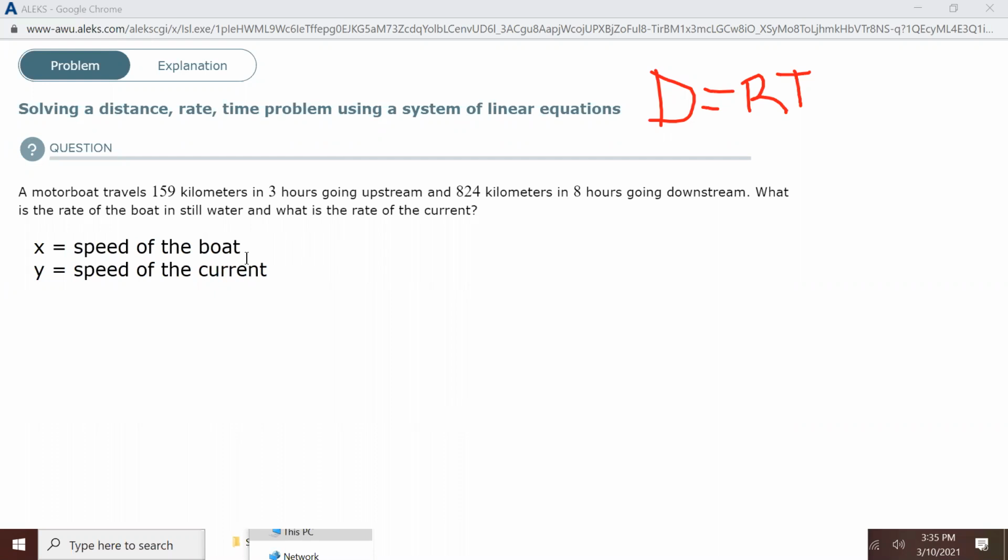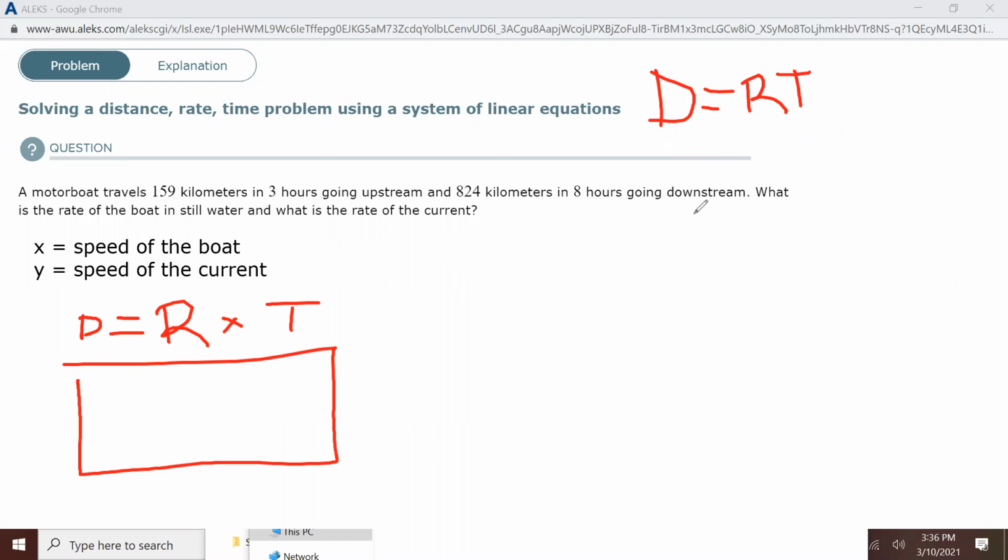Now, x is the speed of the boat in still water when it's not being pushed around by the stream. Using this equation here, we might set something up like this. You don't have to use these fancy boxes, but it's kind of nice.